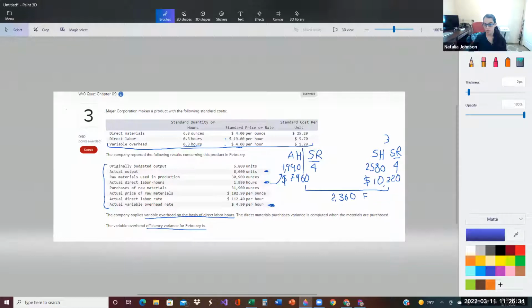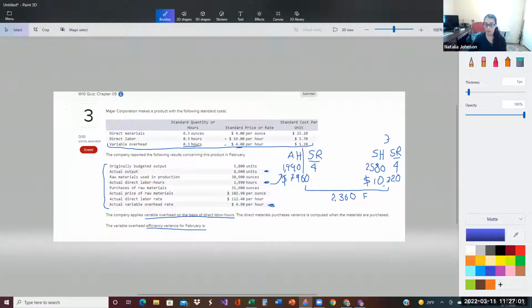So 2,580 and 1990. 1990 is smaller than 2,580, so that's why it's favorable too, because they used less hours. So it depends how comfortable you feel figuring out if it's favorable or unfavorable.